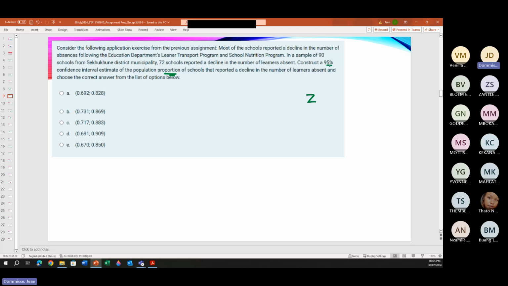We see 95%, so because we're working with proportion, we're working with a Z, and because it's a 95% confidence interval, it is automatically 1,96.